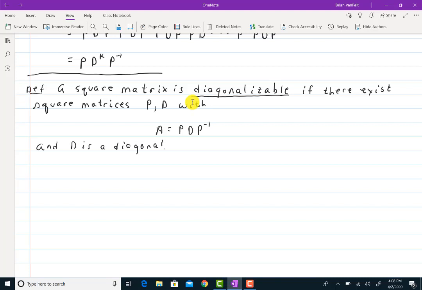And so let's see what it is we need for this to happen. So we have a theorem. Start with, let A be an n by n matrix.